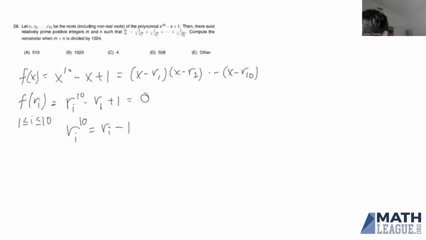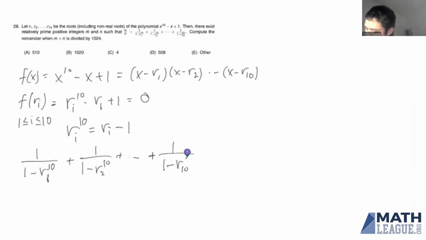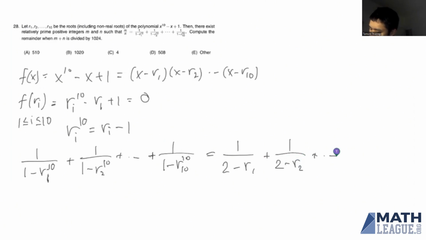If we directly substitute into 1 over 1 minus r1 to the 10th plus 1 over 1 minus r2 to the 10th all the way to 1 over 1 minus r10 to the 10th, replacing ri to the 10th for i between 1 and 10 with ri minus 1, we see that this is equivalent to 1 over 2 minus r1 plus 1 over 2 minus r2 all the way to 1 over 2 minus r10.